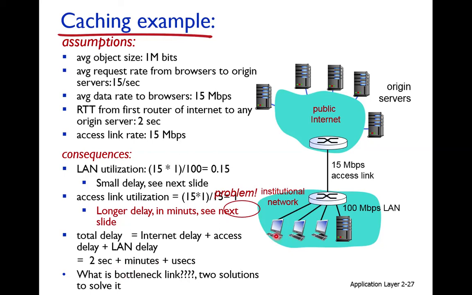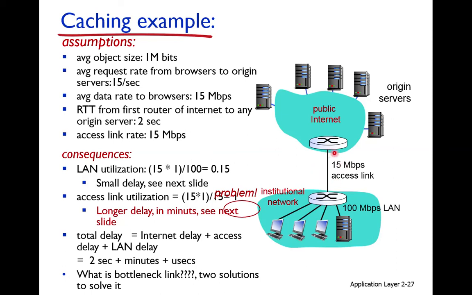Now, when the object is retrieved by the client from the origin server, there are 3 links involved. This link, its delay is 2 seconds. This link, its delay is minutes, and this link, its delay is in microseconds. So which link is the bottleneck link? A bottleneck link means a link which has larger delay and less bandwidth.